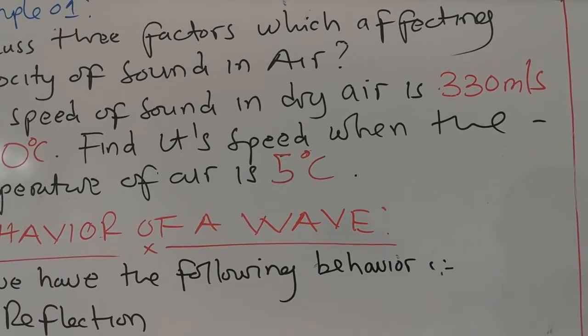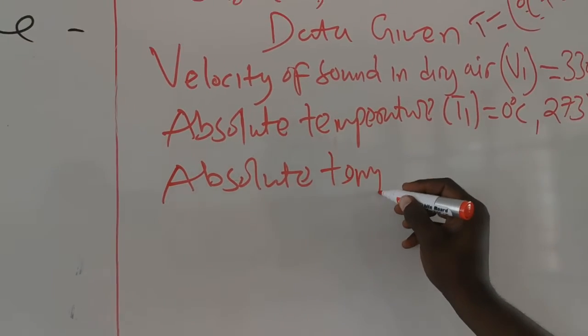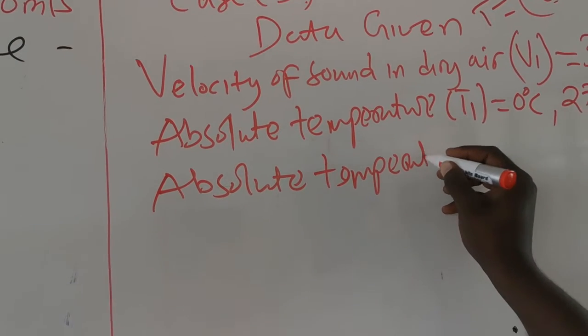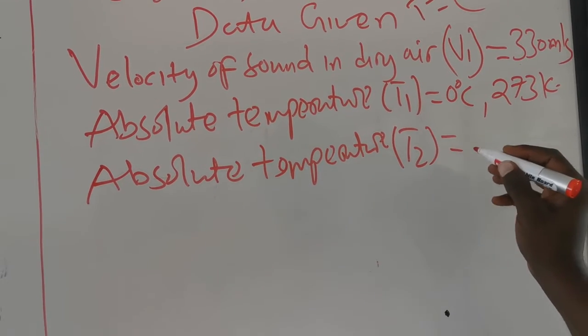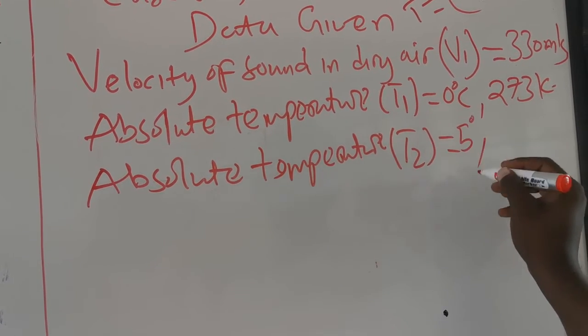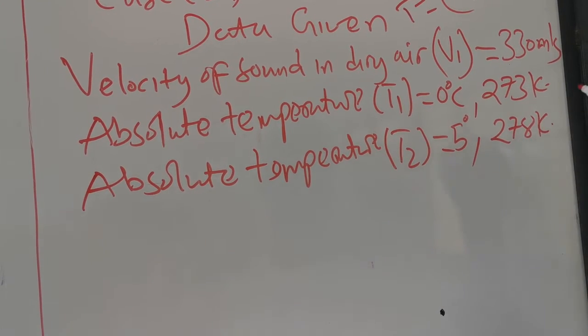Absolute temperature again. Temperature ambayo ni T2 itakuwa ni 5 degrees Celsius. Tukiconvert into Kelvin itakuwa ni 278 Kelvin.